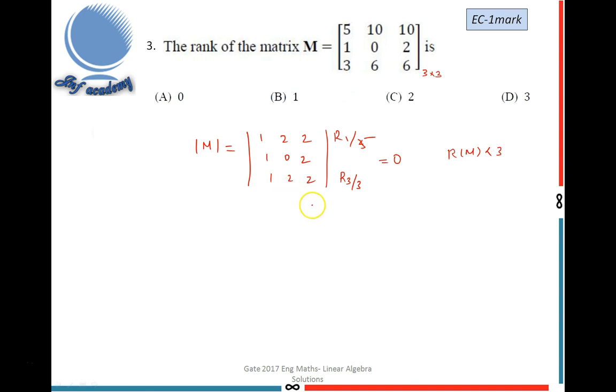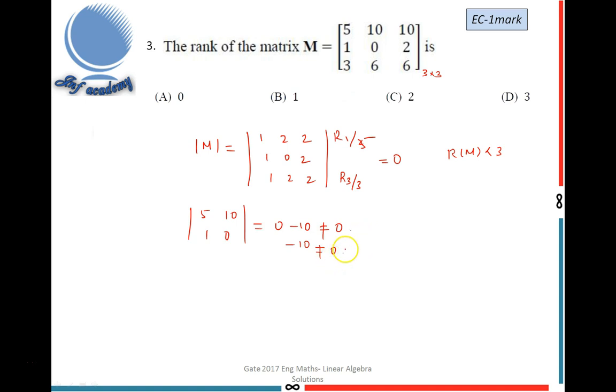The next step is I select one square submatrix of M of order 2, that is 5, 10, 1, 0. Find the determinant of this matrix. I get 0 minus 10, which is minus 10, not equal to 0.